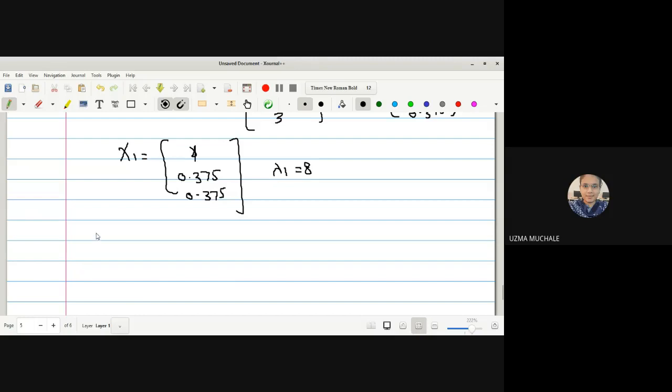Okay, so we have found x1. Similarly, let us find Ax1, where A is the matrix and x1 we have calculated.